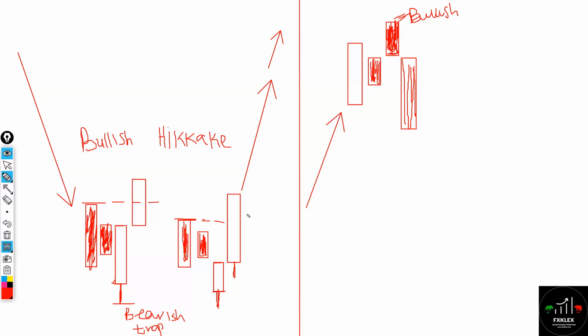In this case, the trap is that the third candle is breaking the resistance, and I think it is going up, right? The trap consists in the fact that with the third candle I'm breaking a resistance, and I think it will go up, but then it goes down. Yes, right, this is it.